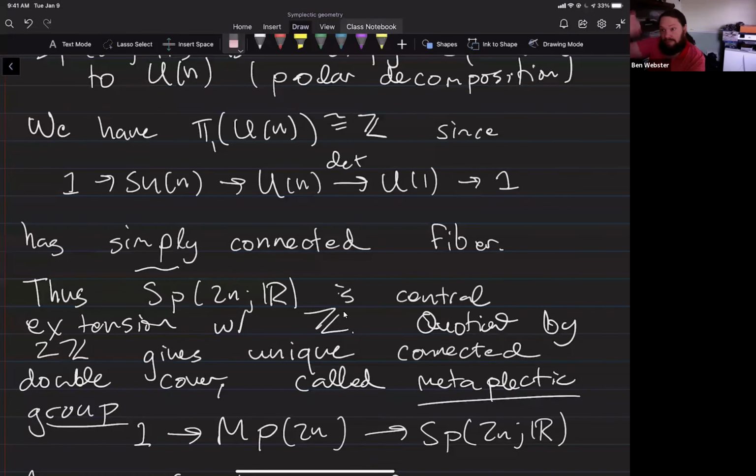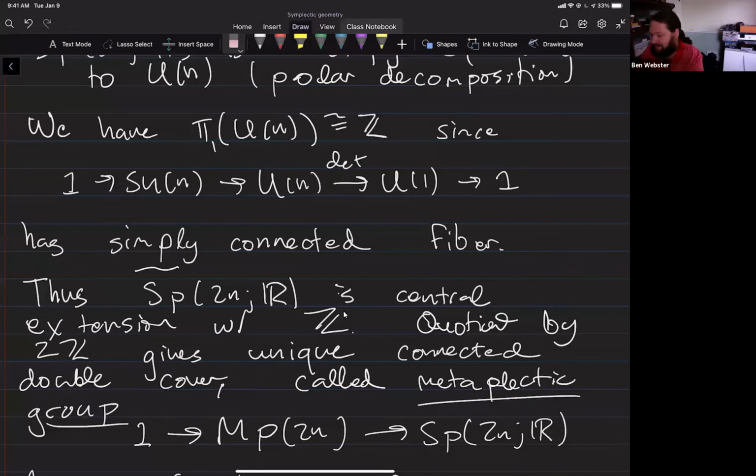There's a universal cover of U(n), which is just SU(n) times R. And there's a corresponding universal cover of Sp(2n, R), which is harder to think about. I don't claim to have a good model of what this is, other than to say it's an element of the symplectic group and a path in the symplectic group joining it to the identity, modulo homotopy.